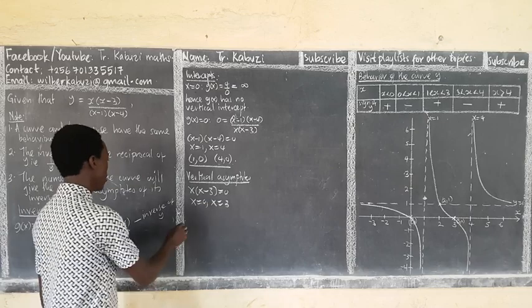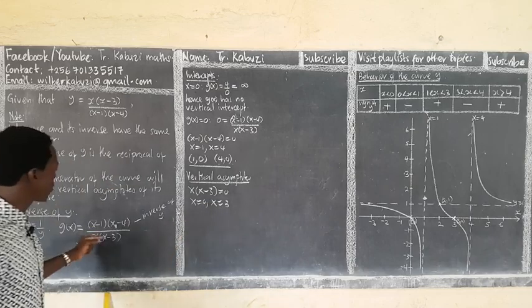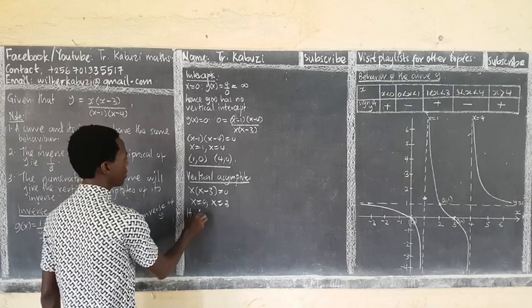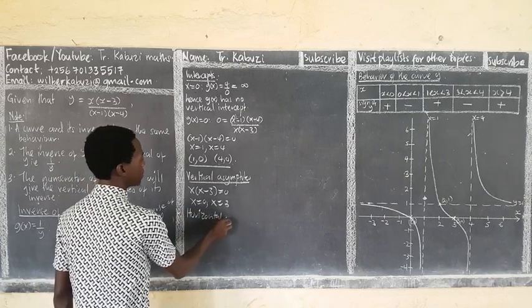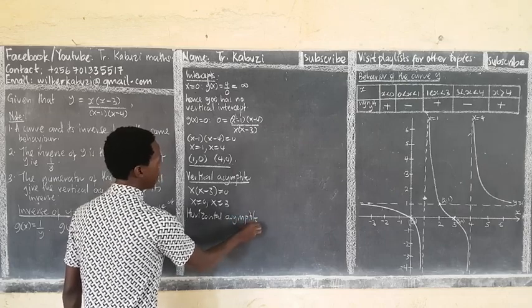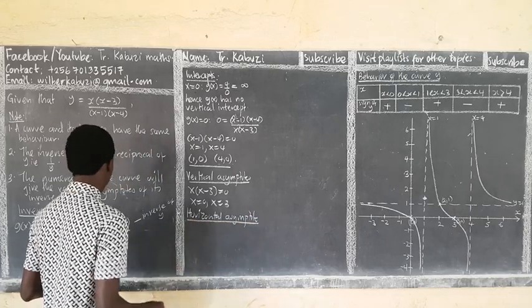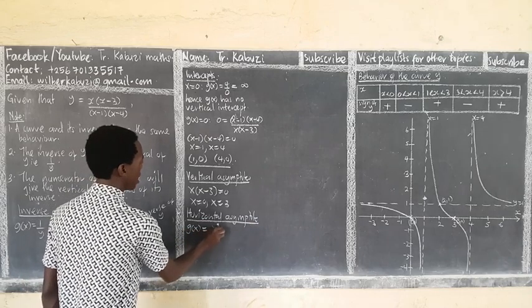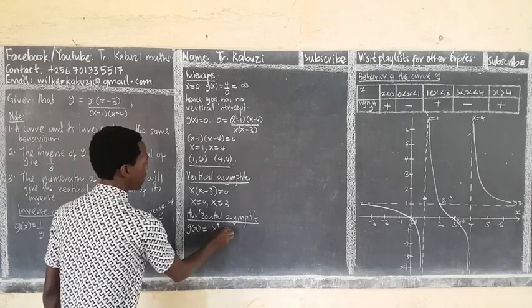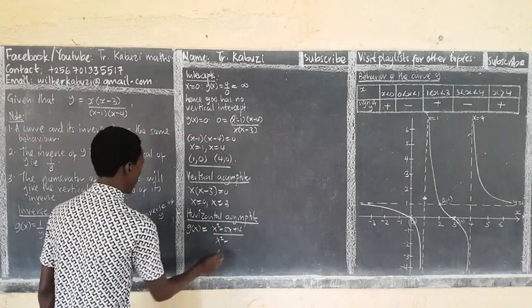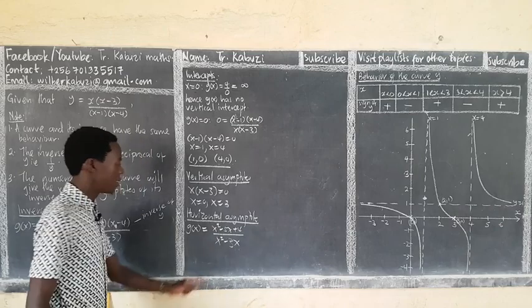Then when I come to the horizontal, because the powers when I expand are the same, I expand and my g of x will be equal to x squared minus 5x plus 4 over x squared minus 3x. So the powers are the same.